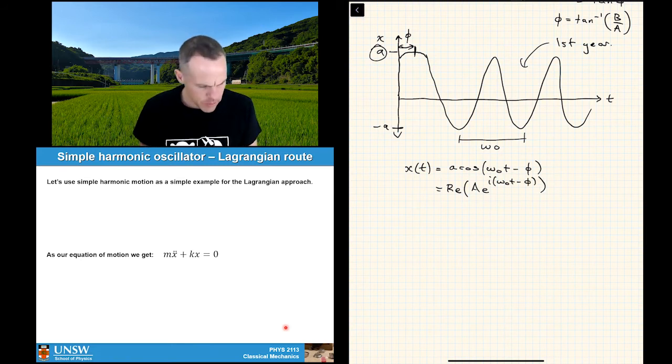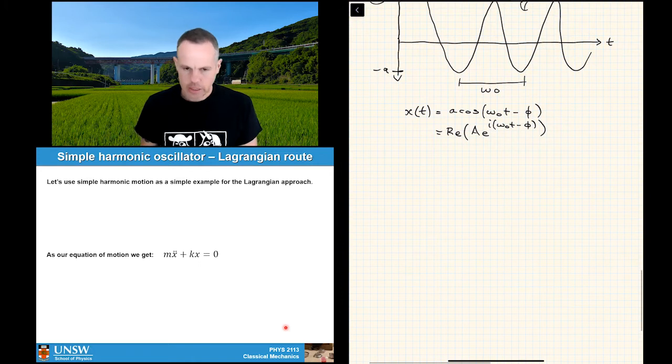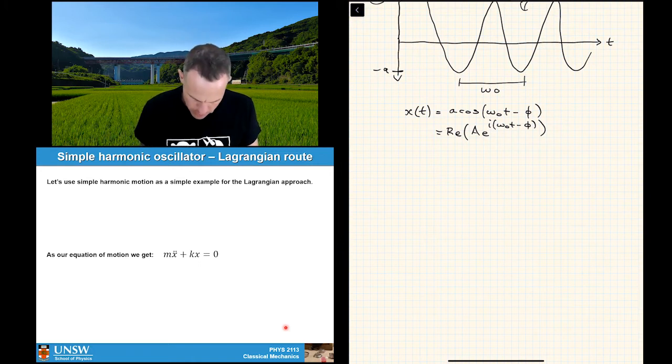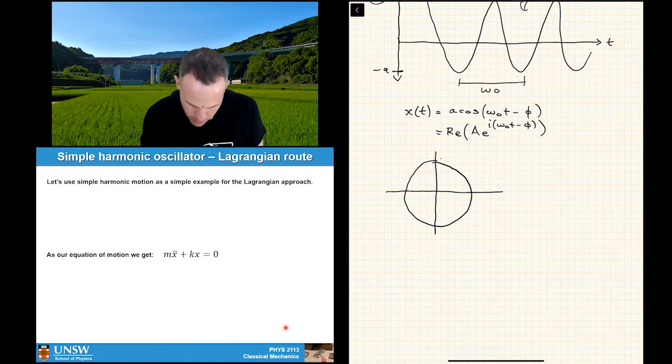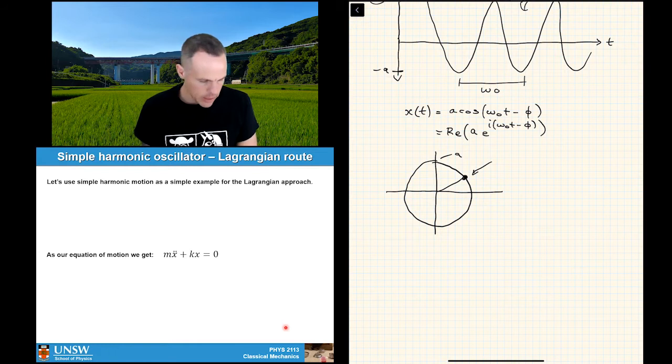And the reason why this is graphically interesting is that if you think about your complex plane, you got a circle in here with radius A, actually I shouldn't use big A, I should use little a. Little a. Okay, so this point here is going to be a e^(i(omega naught t minus phi)).